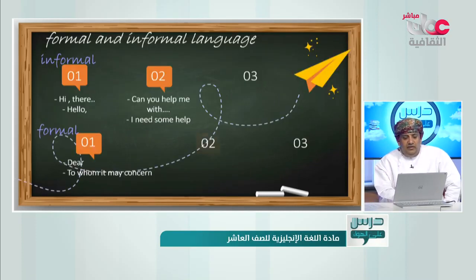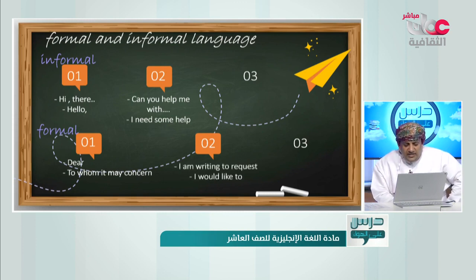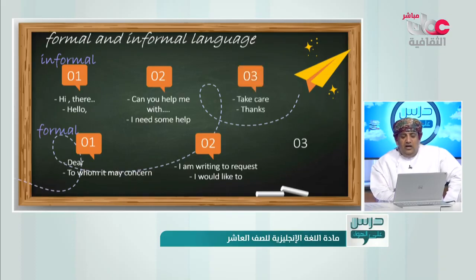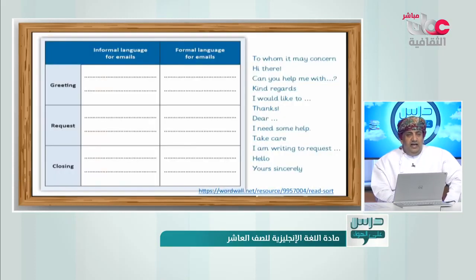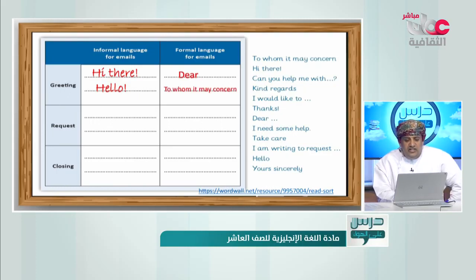Need some help, but informal we said, I am writing to request, I would like to. Informal we said, take care, thanks. But for the formal we said, kind regards and yours sincerely. Again, here we have for the greetings, we said hi there, hello. But for the formal, we said dear, to whom it may concern.